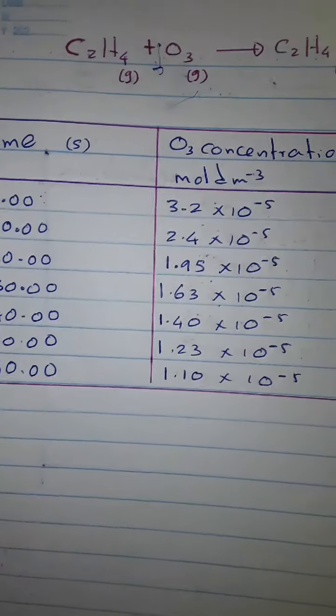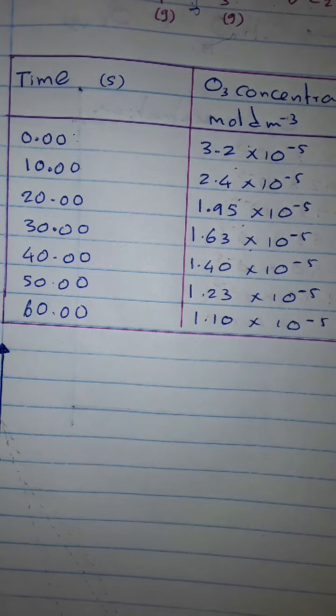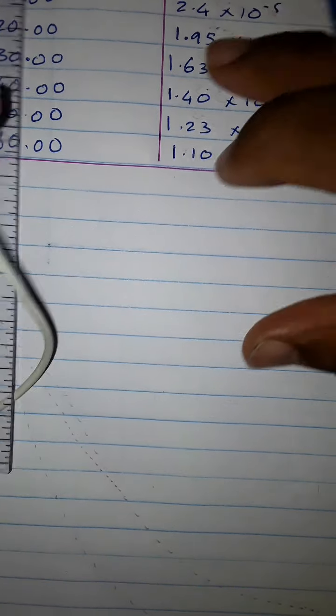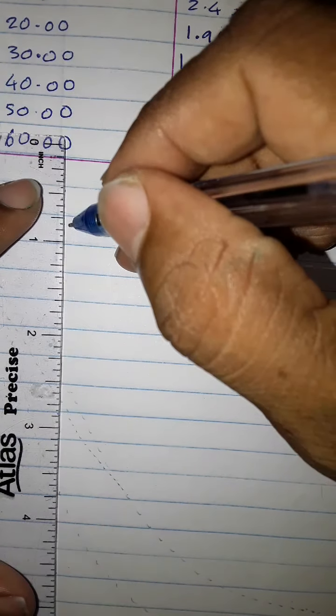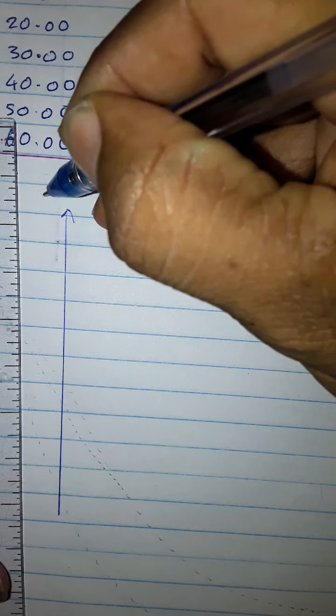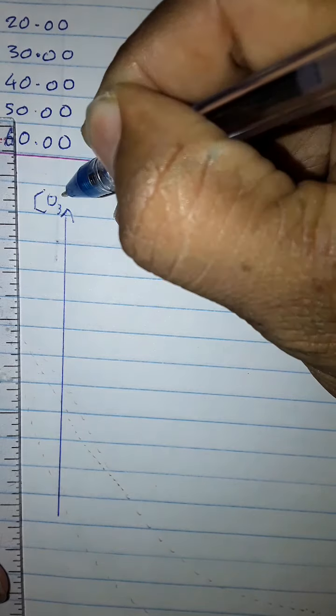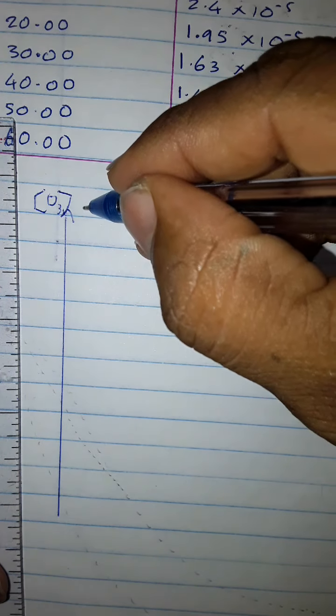I will draw another one. Imagine this is my table. I can't take all these in one view, so I will take it like this. For the y-axis I will take the concentration of ozone.